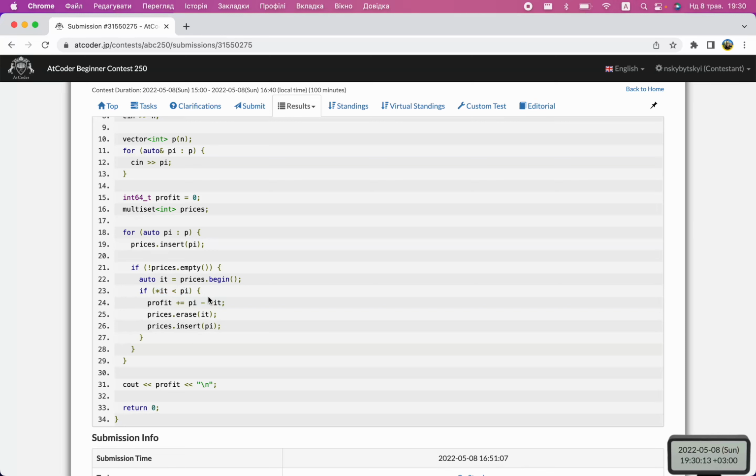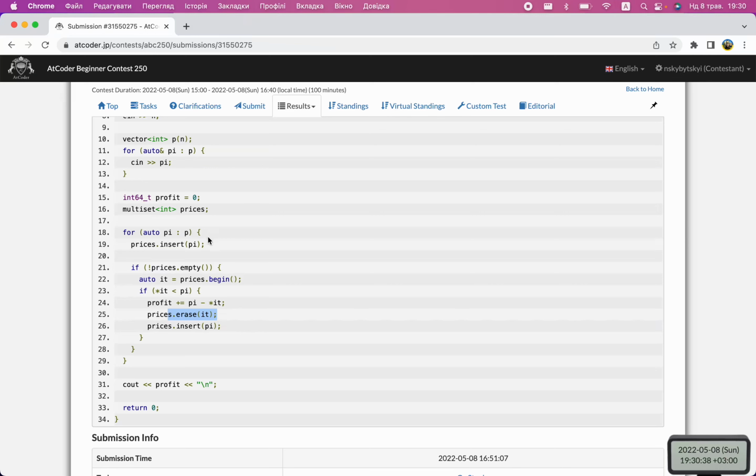The transaction is: buy at the cheapest point in the past that you haven't bought on, and sell today. So the referenced iterator is the cheapest price before that moment. If it makes sense to buy then and sell now, then do it and remove this price.